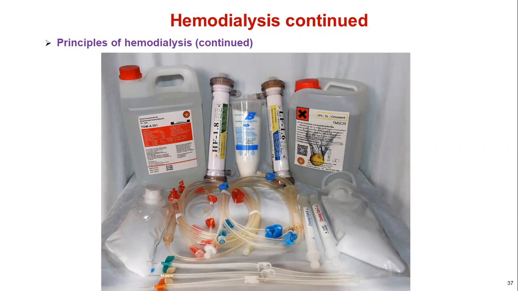The basic hemodialysis equipment: first of all, we need a hemodialysis machine, right? Also, we need fluid, distilled water, some tubing, antiseptic solution, and also a dialyzer. This is the dialyzer, you can see.